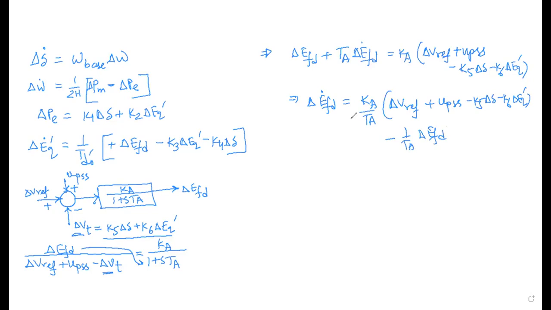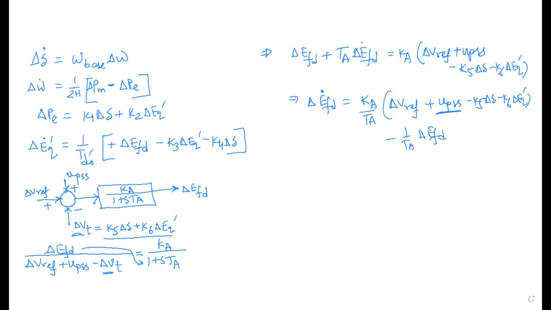So this would be the updated equation. You can clearly see that in the previous derivation, before we designed the PSS, we didn't consider the presence of UPSS. We considered it to be 0. But now the delta EFD dot equation has the additional entry of UPSS, and the coefficient of that is simply Ka over Ta.